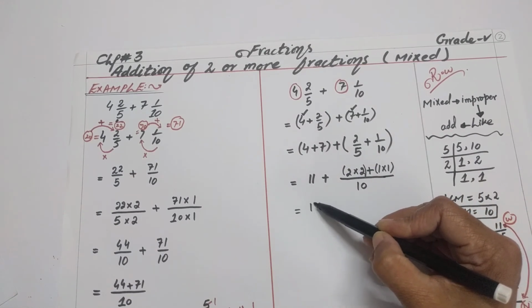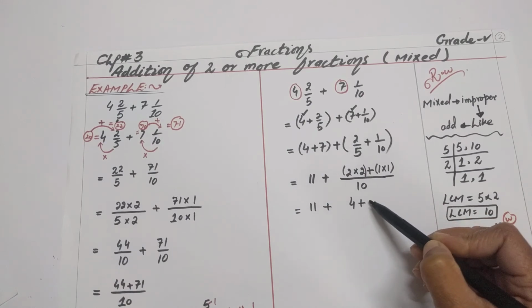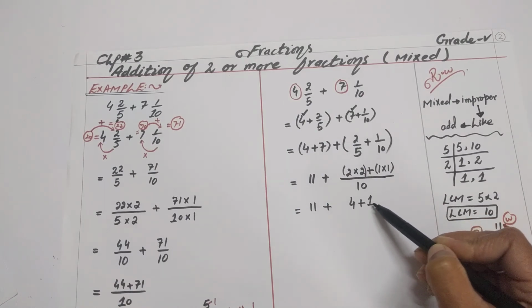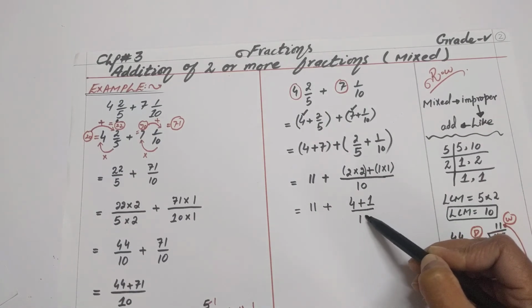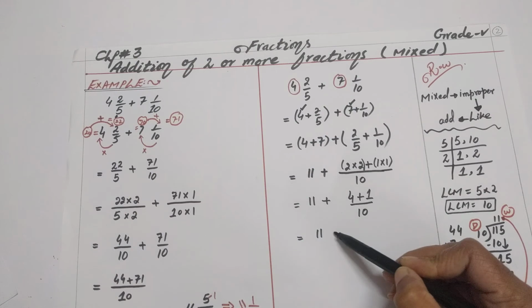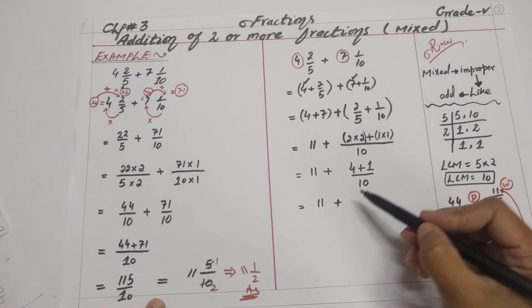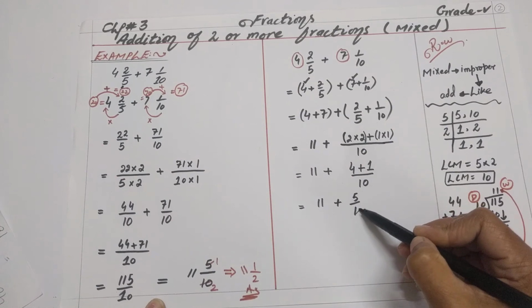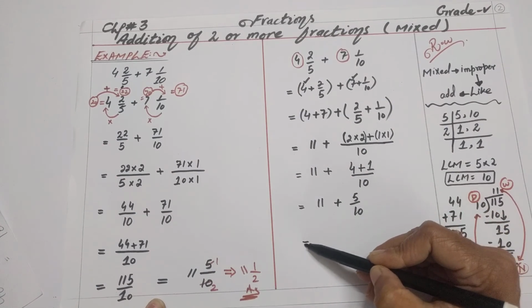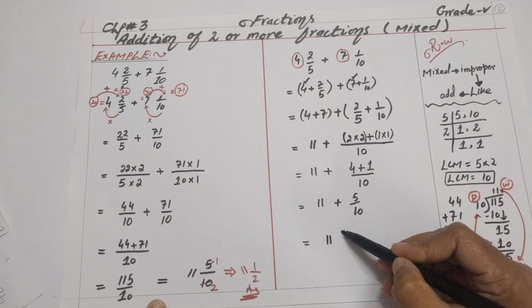Now 11 plus 2 2s are 4, 4 plus 1, and 10. So 4 plus 1 is equal to 5. So 5 by 10. So we can write it in this form, like 11 5 by 10.